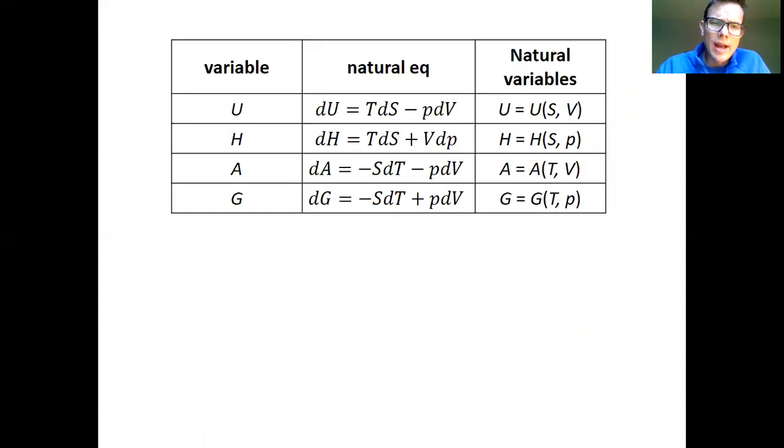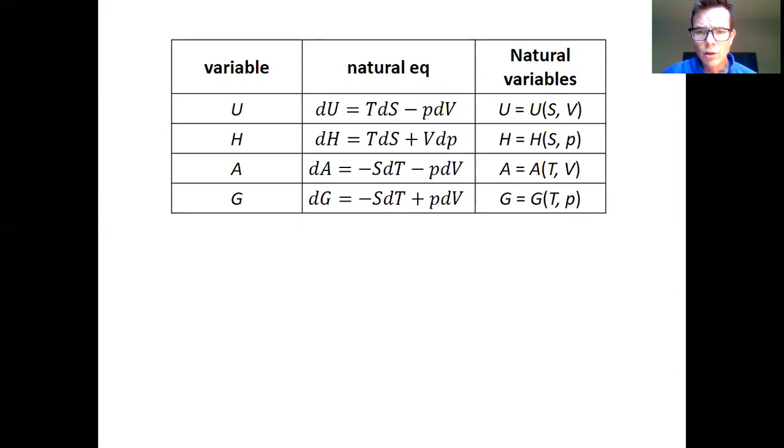And it will turn out that for each of our four major thermodynamic state variables, internal energy, enthalpy, Helmholtz energy, and Gibbs energy, there is a natural equation and a set of natural variables. I've written them all out here. I'll ask you to do one of them on the homework, and I'll give you some practice with it.